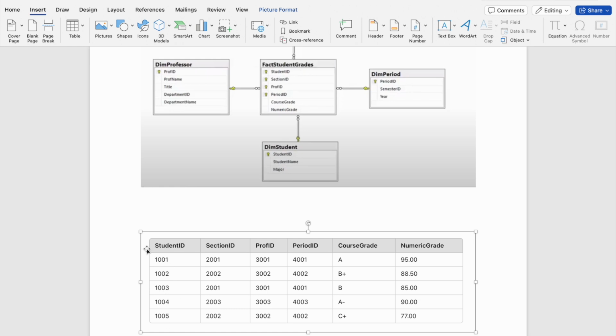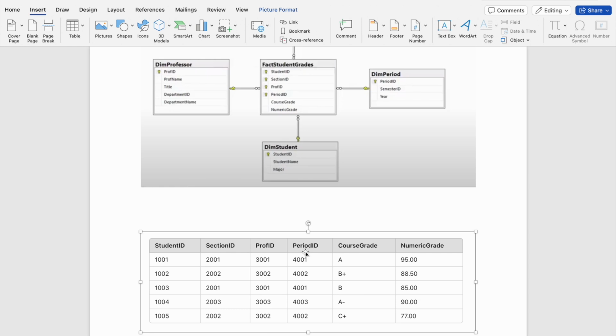So the student ID is replicated, and the section ID is also, as different students might take the same sections. The section ID and the professor ID are cohesive, right? Each section only has one specific professor teaching it.